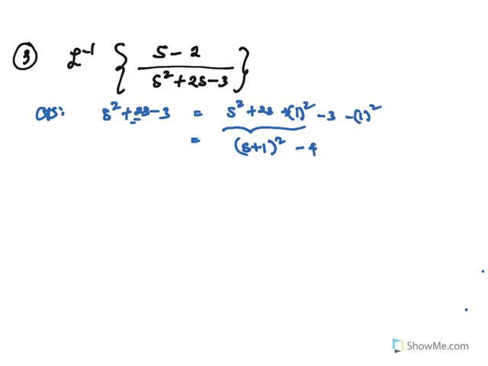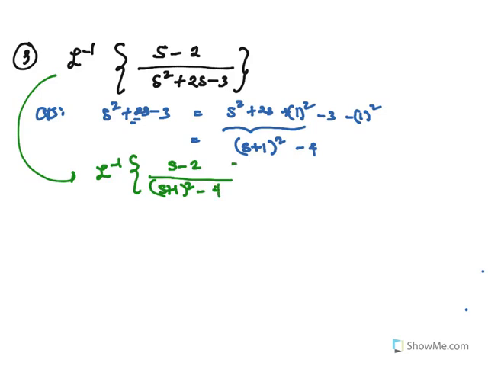And so, the f of s inside the inverse Laplace transform can be written as s minus 2 all over s plus 1 squared minus 4, which is inverse Laplace of s minus 2 over s plus 1 squared minus 2 squared.